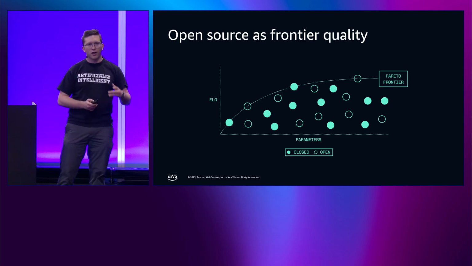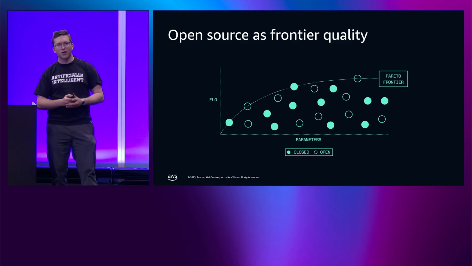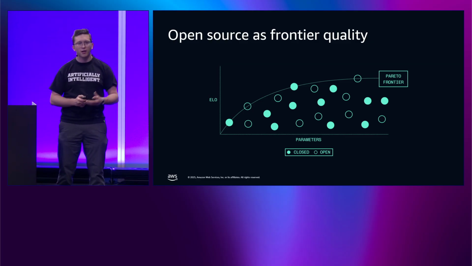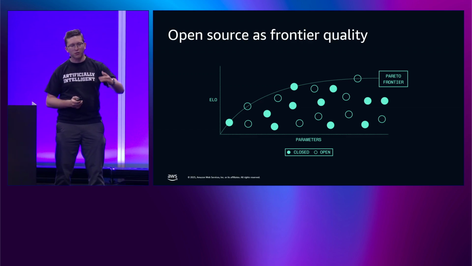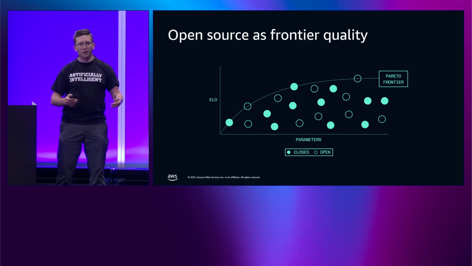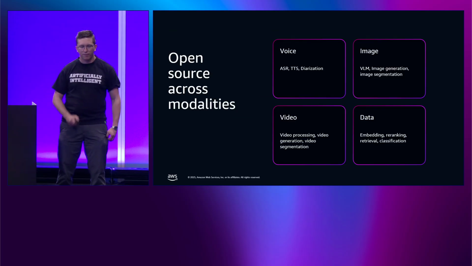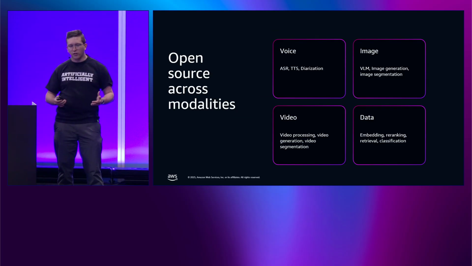Open source models are now routinely hitting frontier quality across different parameter sizes. When you look at stuff like the Kimi K2 thinking model, or think back to January, DeepSeek R1, we see open source models finally crossing the gap versus closed models and delivering frontier intelligence. But it's not just for LLMs.